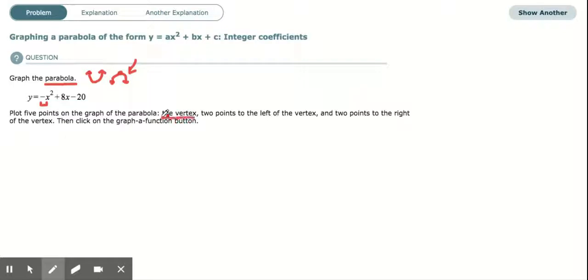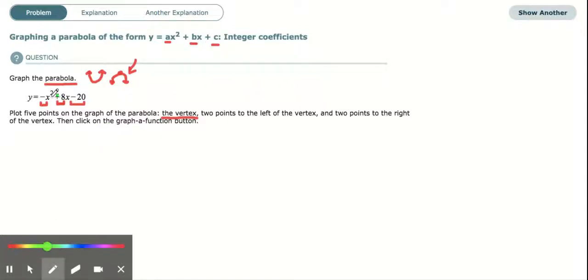So how do we figure out where that point is? Well, there's a formula to find the vertex, and it's based on the coefficient of the x and the coefficient of the x squared. So this is our a value, this is our b value, and this is our c value according to the standard form, right? A, b, and c. So let's write over here what our a, b, and c values are.